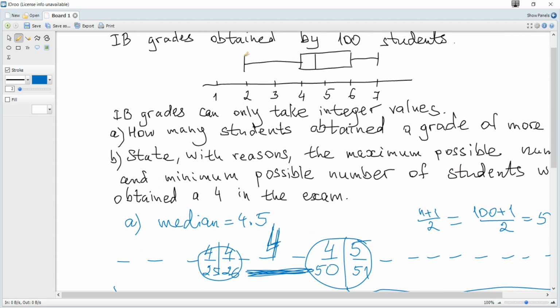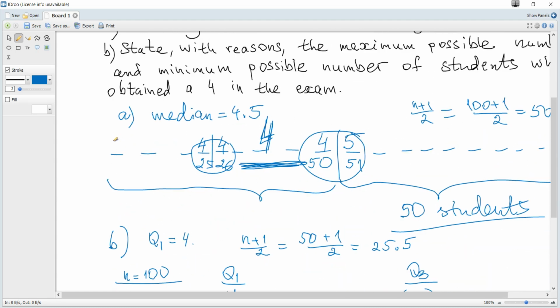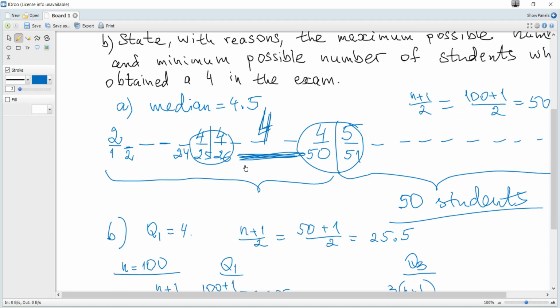Since the minimum value is 2, there must be at least one value of 2, but at positions from number 2 up to number 24, there may be values 2, 3, and 4. If we need the minimum possible number of 4s, we can consider that there are no 4 values at positions up to position number 24.